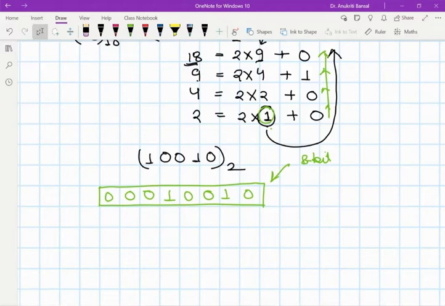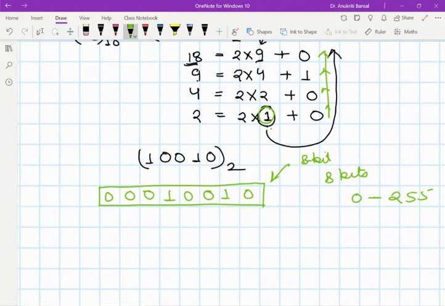Suppose for positive integers, we have decided that it can be represented using 8 bits only. Then we can only represent numbers in the range of 0 to 255. Suppose I have 8 bits, so I can only have integers in the range of 0 to 255.